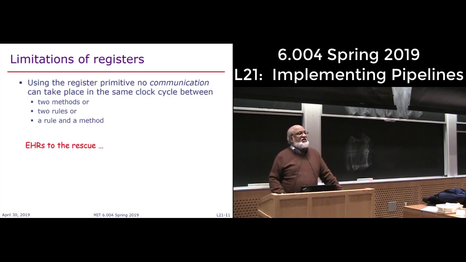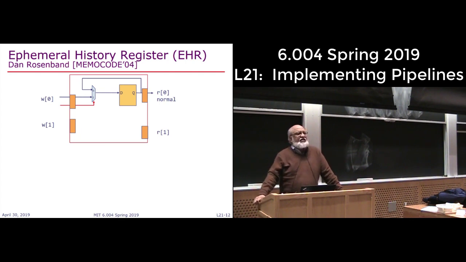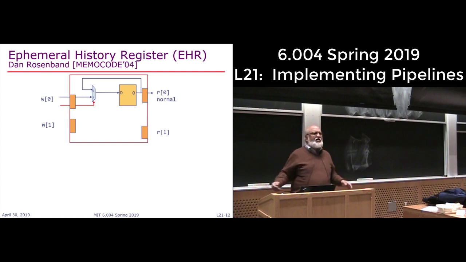Okay, EHRs to the rescue for this, so let's understand how ephemeral history registers work. Do you recognize this picture? This is the picture we started out with in our first sequential lecture. Forget about the lower ports in this.